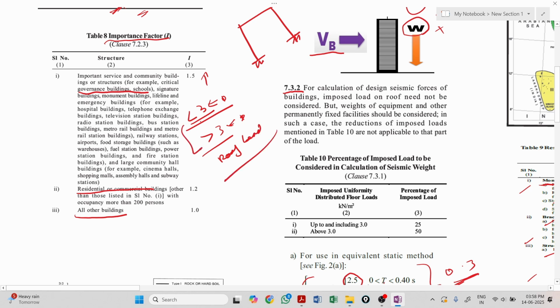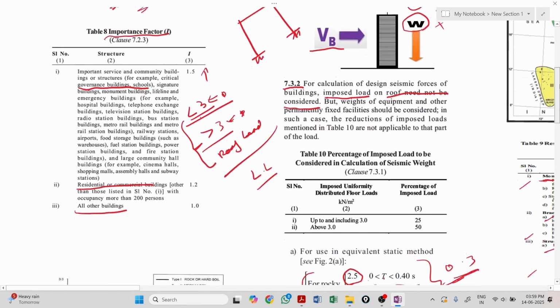So 3 different live loads. Why? Because imposed load, that is live load, need not be considered when there is a roof. Okay, understood.